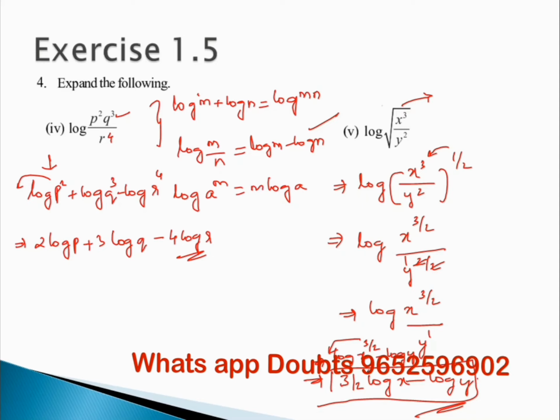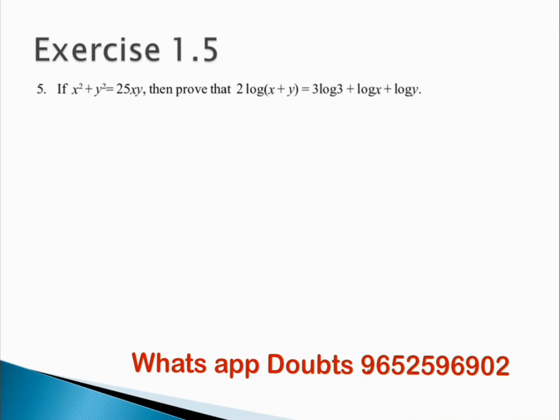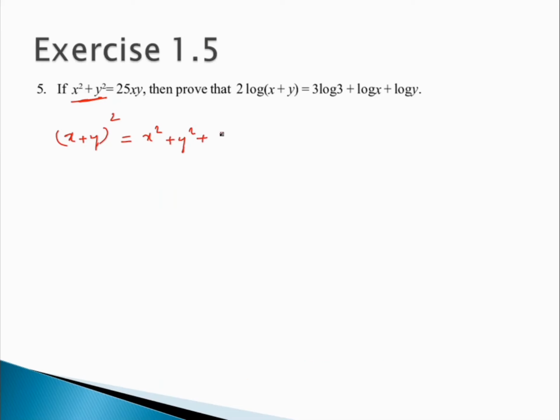Okay, so let's look at the next sum. This is your fifth sum. So what we will do here is we are writing this formula, x plus y whole square, which is equivalent to x square plus y square plus 2xy. Isn't it? Isn't it equivalent? Right. Okay. What is given?